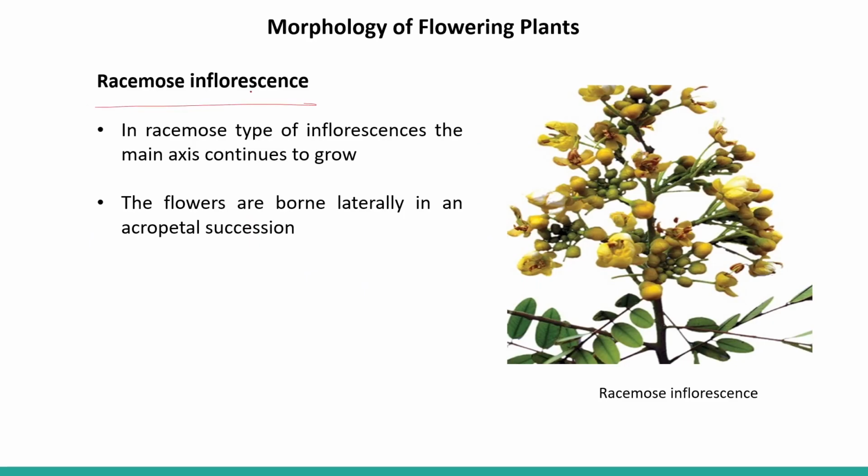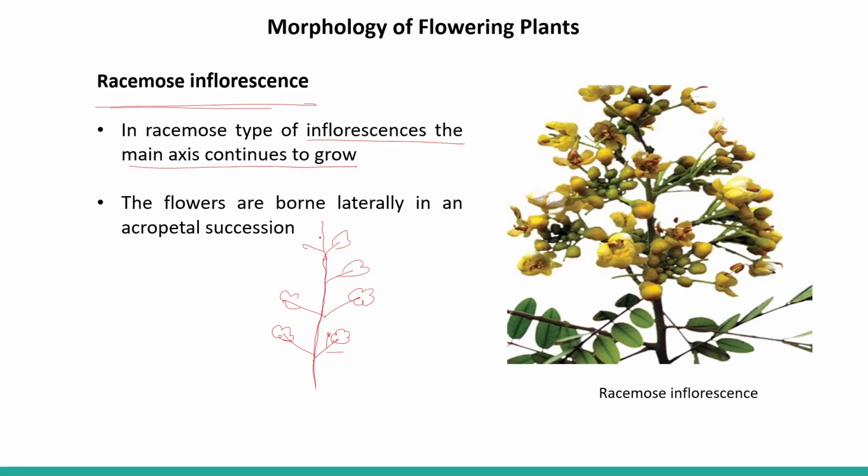Racemose inflorescence. In racemose type of inflorescence, the main axis continues to grow. If this is the main axis of a plant, it gives rise to a flower here, again a flower here, flower here, flower here, but this apex is continuously growing.